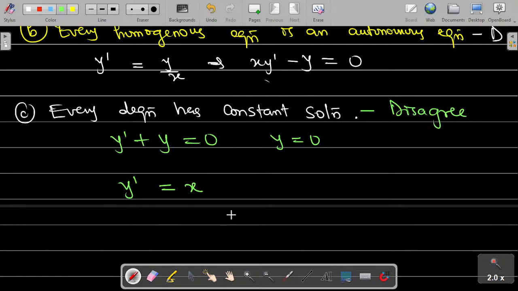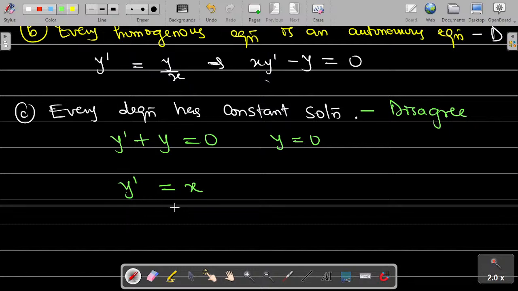Even if we make y equal to 0, if x is not 0, then this is not going to be a constant solution. So we disagree.